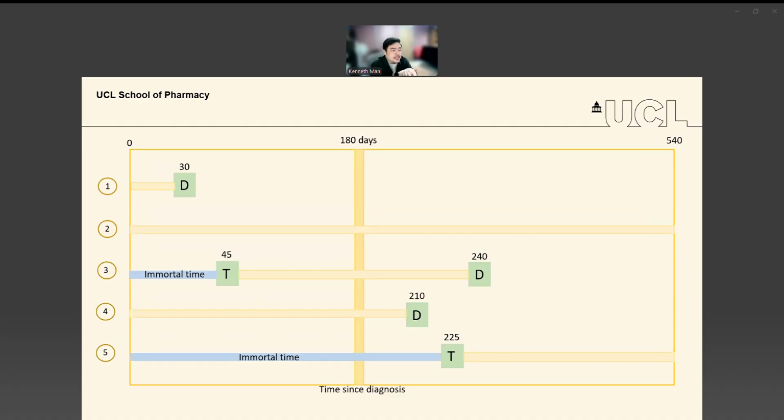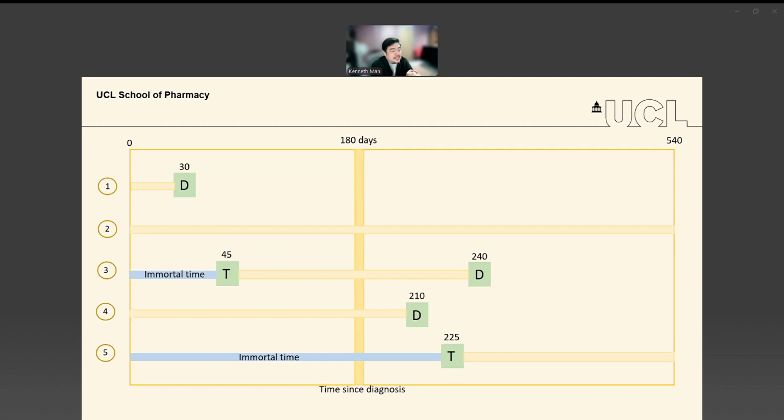These 5 patients were diagnosed with something at time 0, so they all share the same diagnosis at time 0. According to the treatment guideline, they are supposed to receive the treatment within 180 days after diagnosis. In this setting, these are what happened to them over 1.5 years. Within the 180 days, patient number 1 died at day 30.